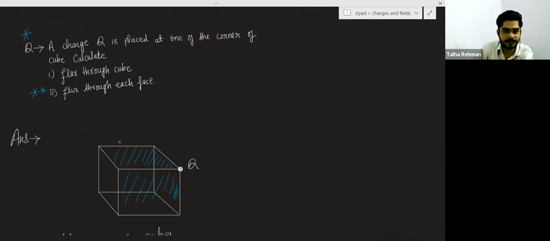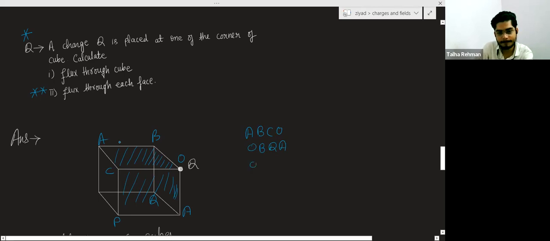I am giving names: suppose this is A, B, C, or this is O, A, P, and this is Q. So the faces to which this charge will not contribute flux are OABC, OBQA, and OCPA.